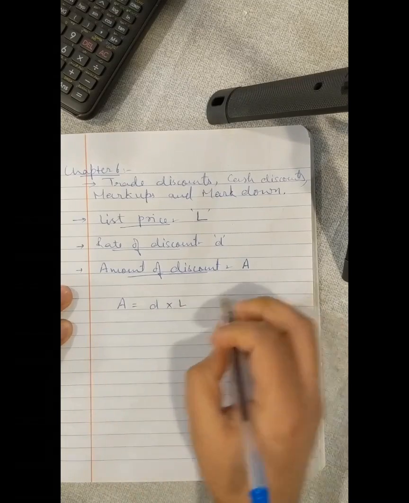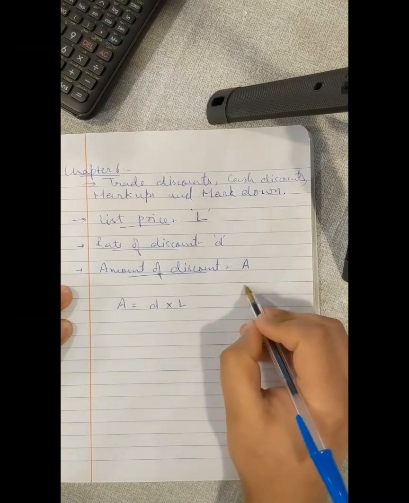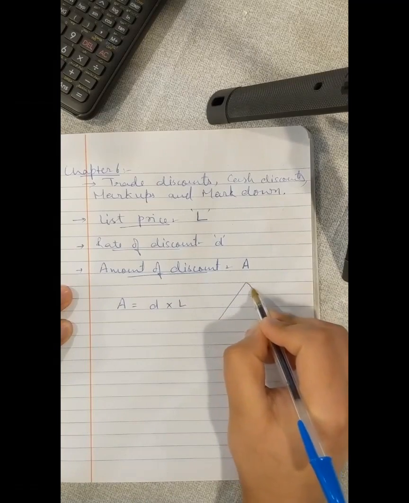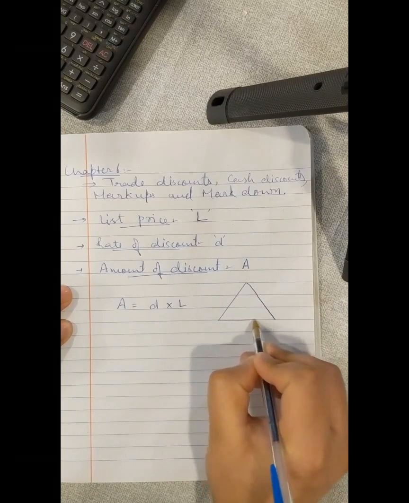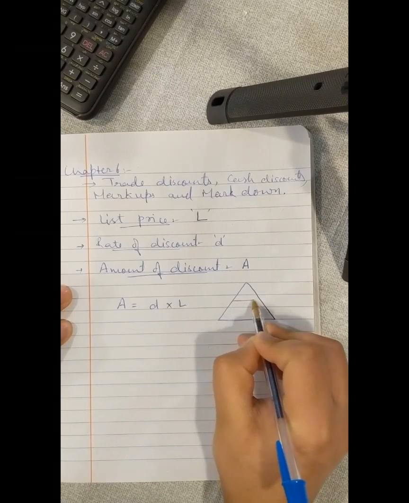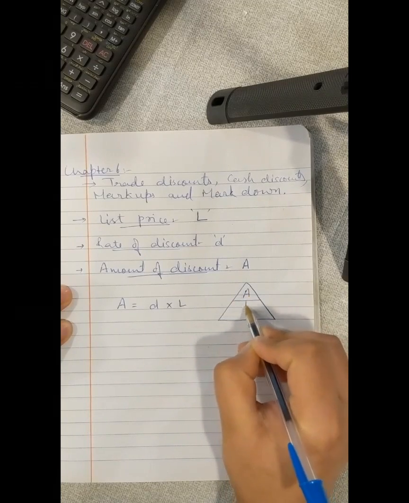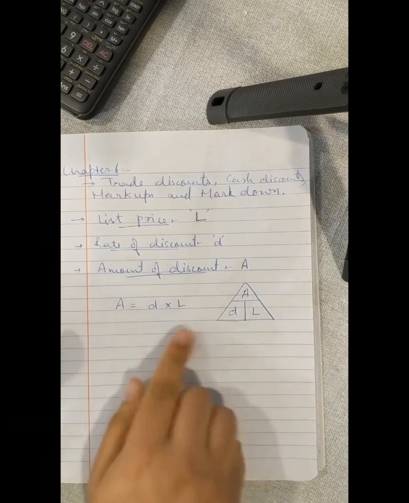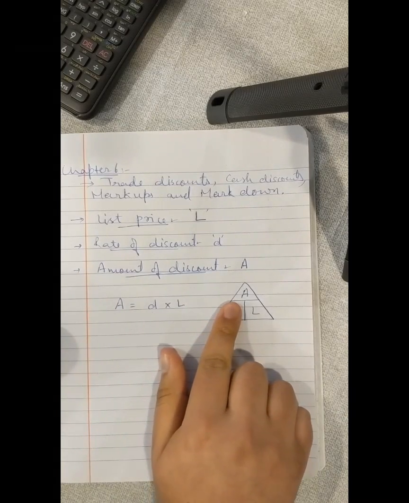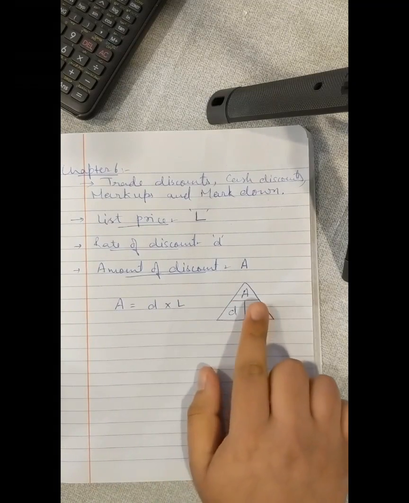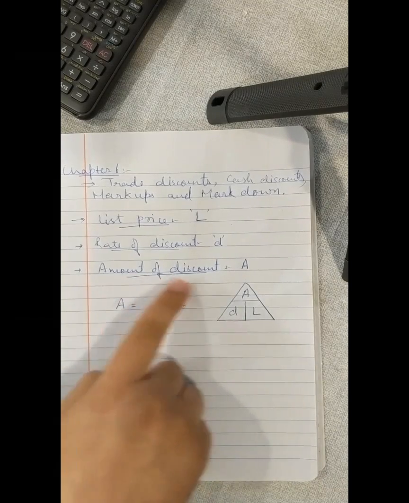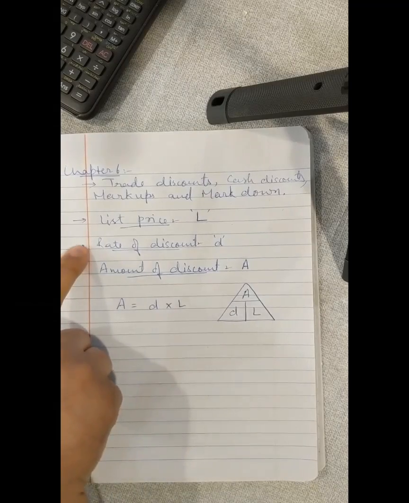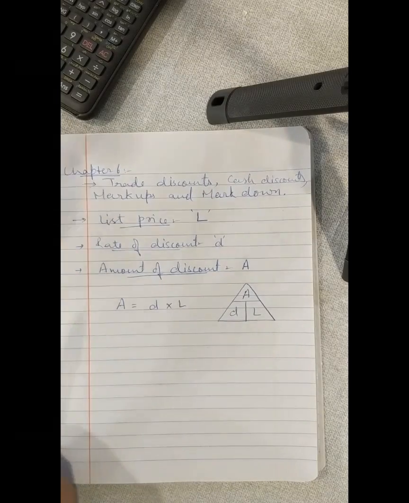Same, I can use another triangle, something like this. A equals D times L. If you want D, you hide D, the formula is A over L. If you want L, you hide L, the formula is A over D. So here is the formula for amount of discount when rate of discount is given and list price is given.